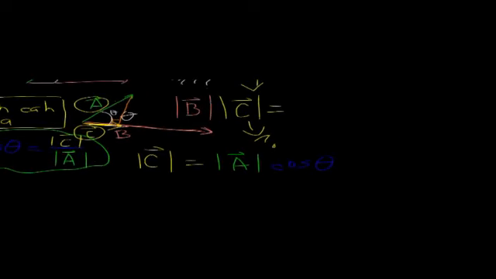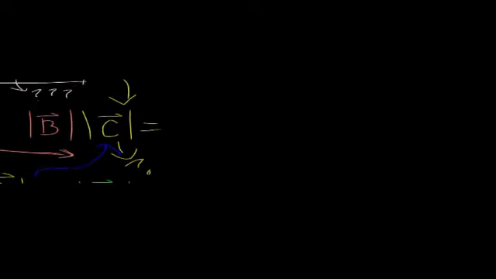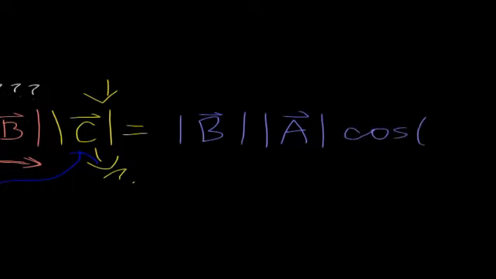We can plug this in to here, and we'll get the magnitude of vector B times the magnitude of vector A times cosine theta.